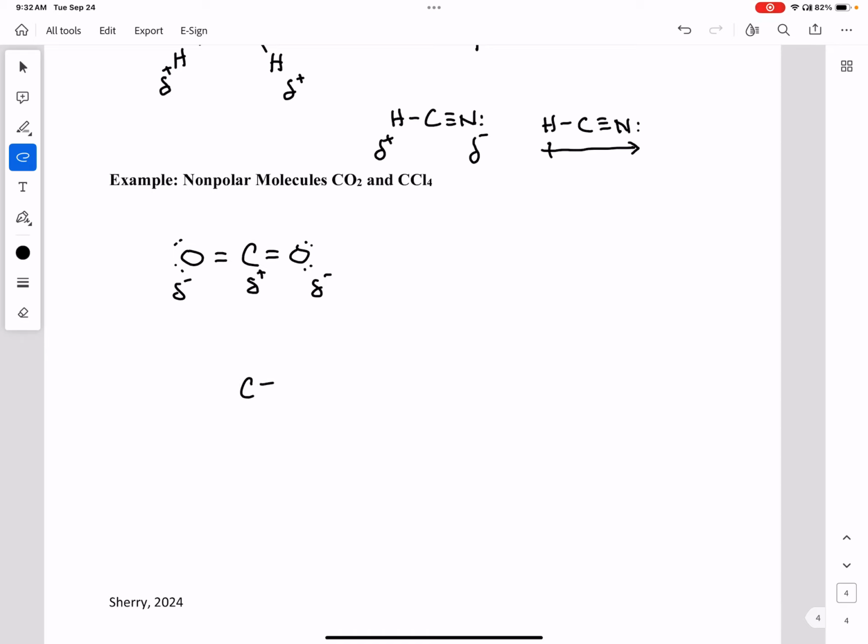So you have no overall polarity. Same thing with CCl4. All of these chlorines are electronegative.